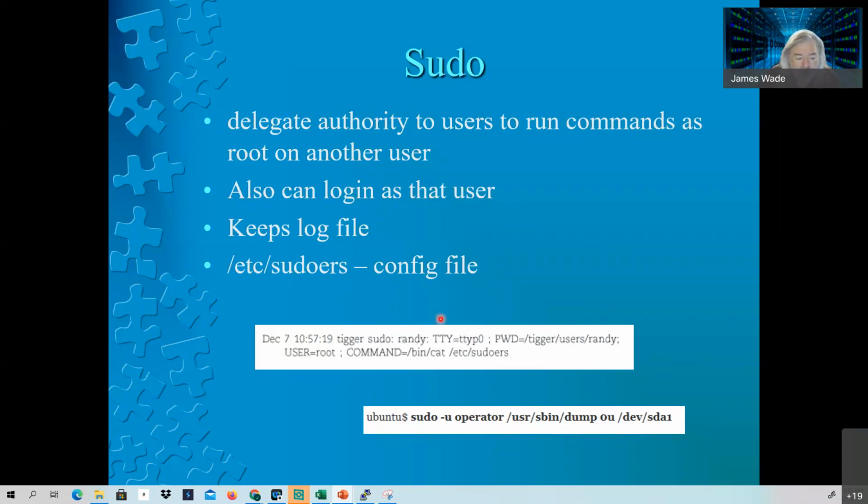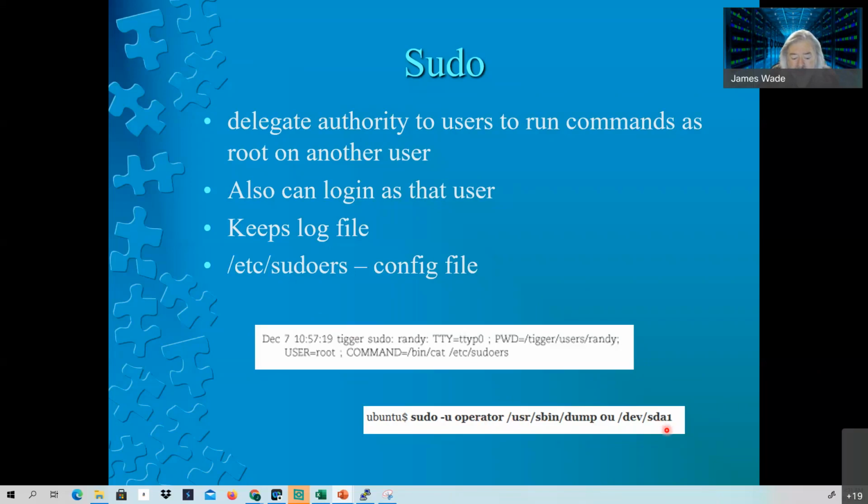But notice that here, I'm on an Ubuntu system. I type in sudo minus u operator, meaning I want to run the /sbin/dump command as operator. Now, here is the command. And what we're doing is we're dumping a disk.